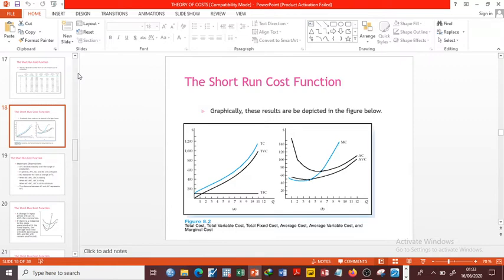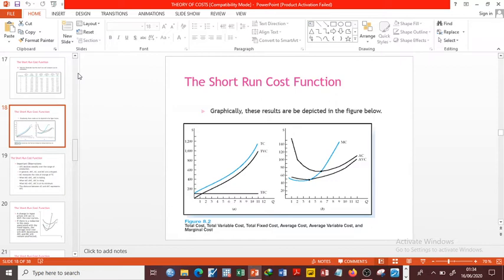And at the point where the marginal cost curve intersects the average cost curve, it means that it will be a point of minimum average cost. The average cost curve will be at its minimum, right? And this is basically shown by the graph itself.